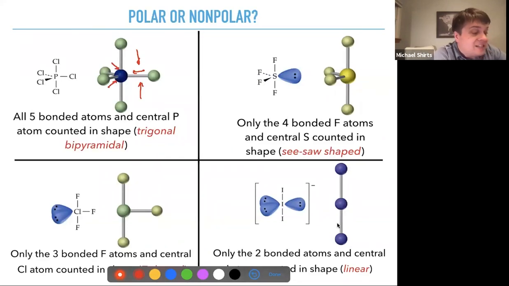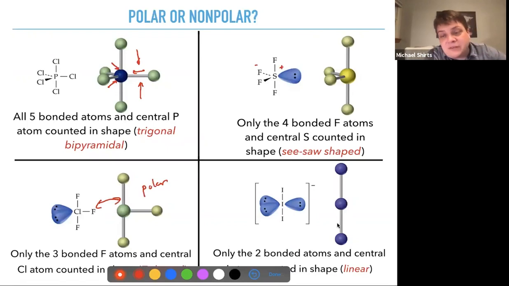Sulfur tetrafluoride is polar, right? Because it's not symmetric. You've got this imbalance of electrons being withdrawn, so it will be more positive here and more negative out here. And then this can be polar as well. That's not symmetrical. It'll have a dipole in this direction, not up and down.